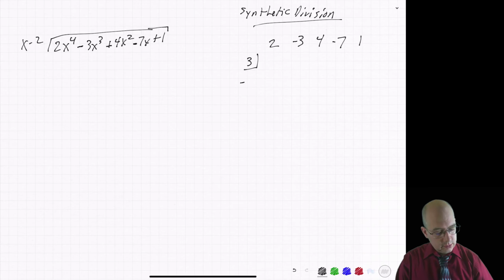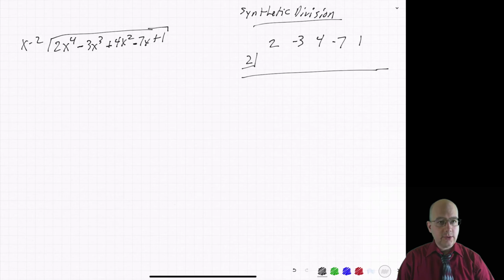And 2. So that 2 represents the factor x minus 2. We use the negative of that. We'll see in a little bit the role of that 2, why we'd want to do that, but that's how this works. So, first step.